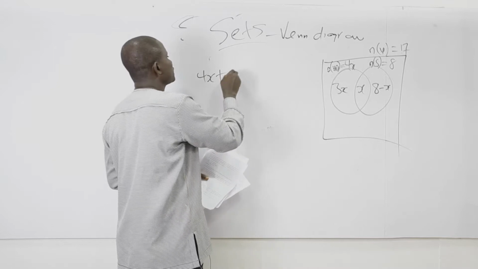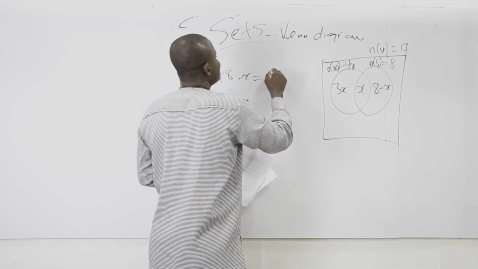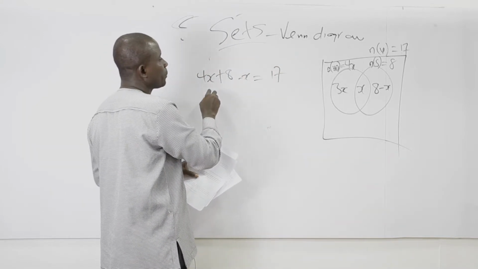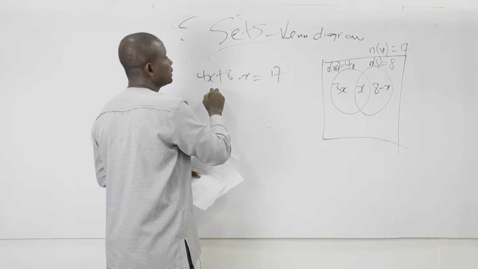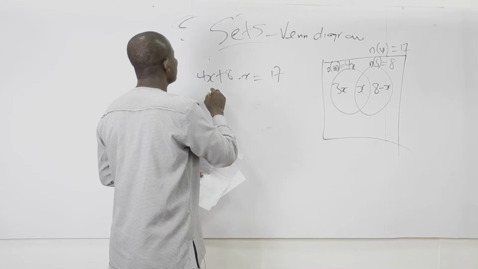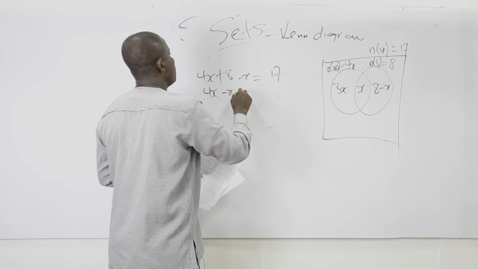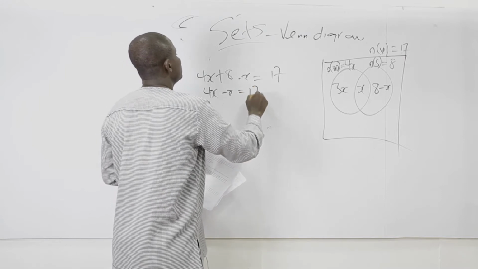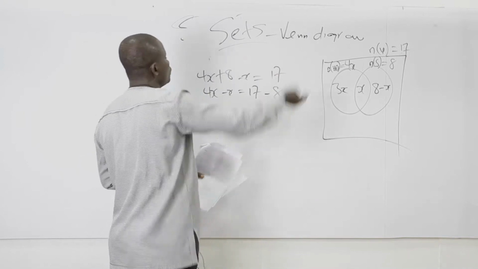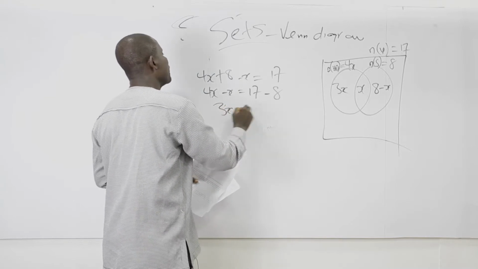In solving, I'm going to get 4x minus x is equal to 17 minus 8, so 3x is equal to 9.